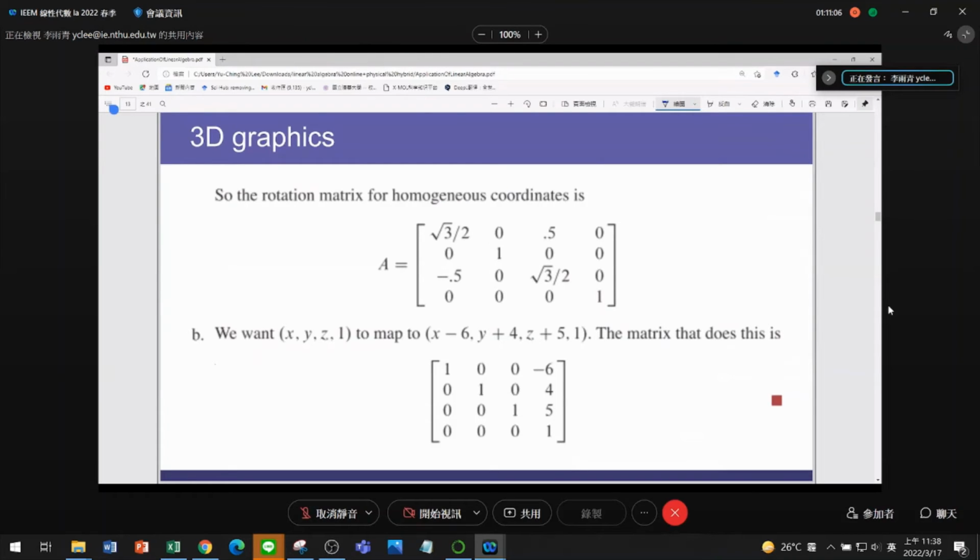But as a result, the matrix for rotation in homogeneous coordinates is a 4x4 matrix like this. And you will see that there's a diagonal element added here, and the value is 1. For the remaining part, we put 0, and then it becomes a 4x4 rotation matrix for homogeneous coordinates.